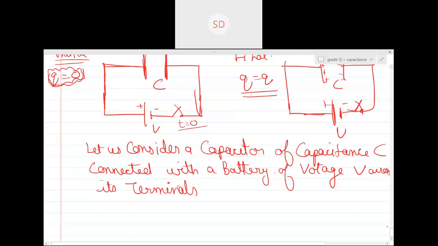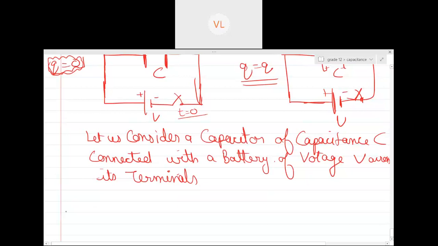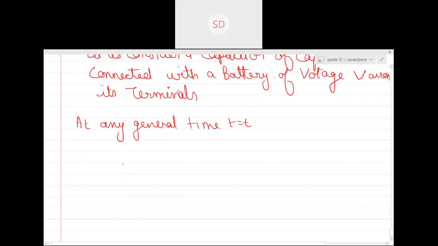So I say that at any general point of time, at any general instant of time, the charge on the capacitor is Q dash.